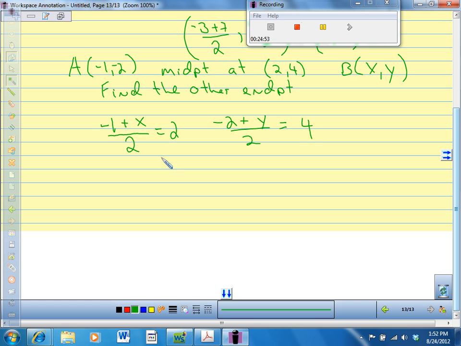Now, since I know you guys are good at algebra, I'm going to multiply both sides by 2, right? I get negative 1 plus x equals 4, so x equals 5, right? And over here, I multiply both sides by 2. I get negative 2 plus y equals 8, so y equals 10. So the other endpoint is at 5, comma 10. Understand that? Okay, good.